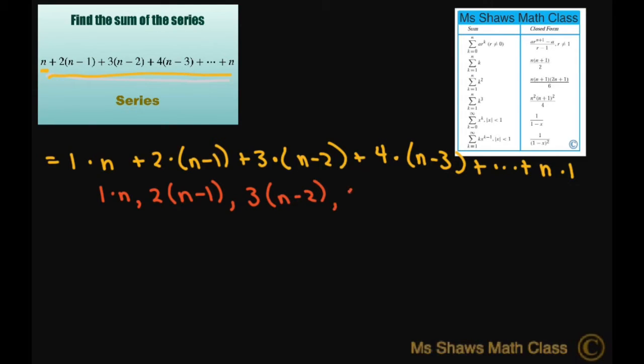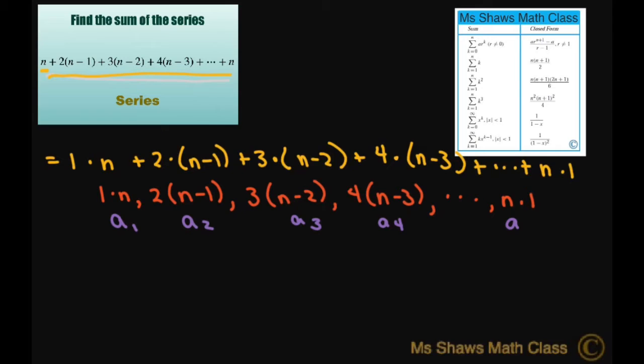The next term is 4 times n minus 3. And then the last term is n times 1. So this would be your first term, your second term, your third term, your fourth term, and then your nth term.